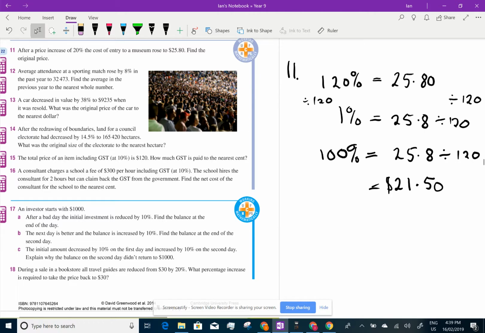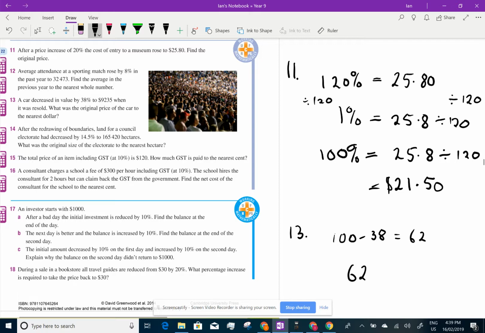I'm going to let you have a go at 12. I'm going to do 13, and then I'm going to let you have a go on them on your own. A car decreased in value by 38% to that when it was resold. What was the original price? Well, it's dropped by 38%. Well, 100 minus 38 is 62%.